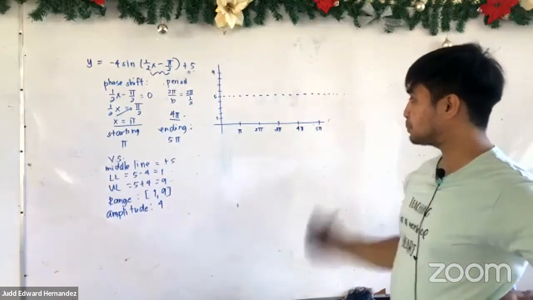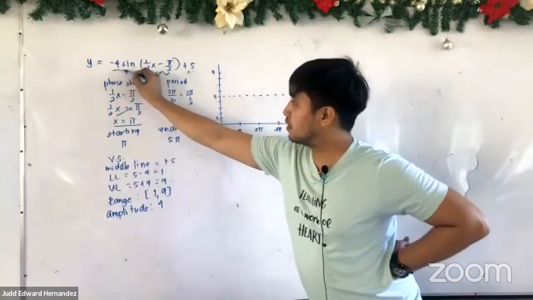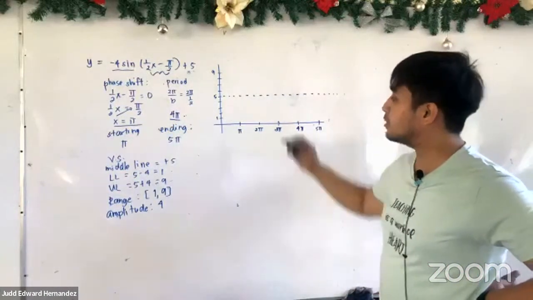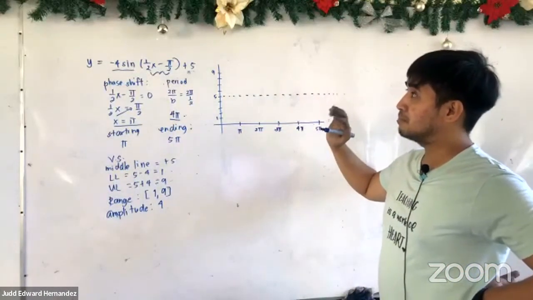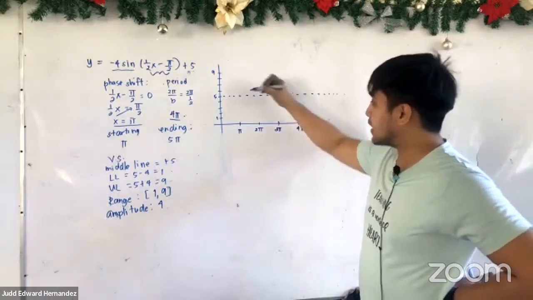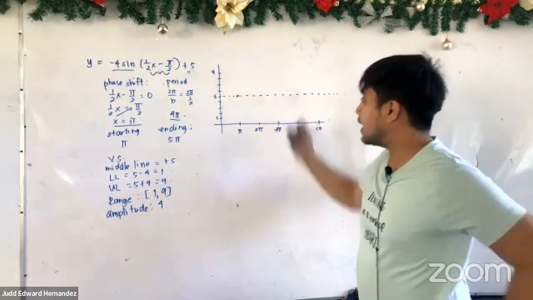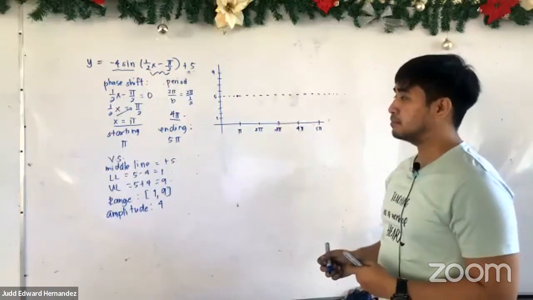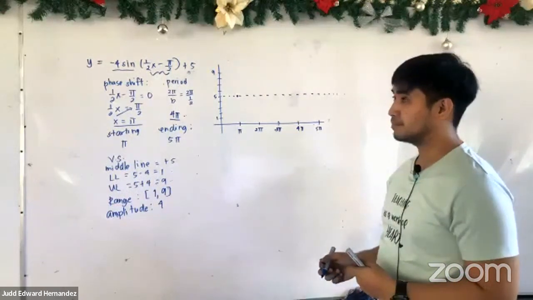Okay, start tayo. This is negative for sine. At alam natin na pag sine, magsisimula tayo palagi dun sa gitna. So we have negative sine. Tama ba na dito tayo magsisimula? Yes or no? Yes po. Pataas, pababa? Pababa po.